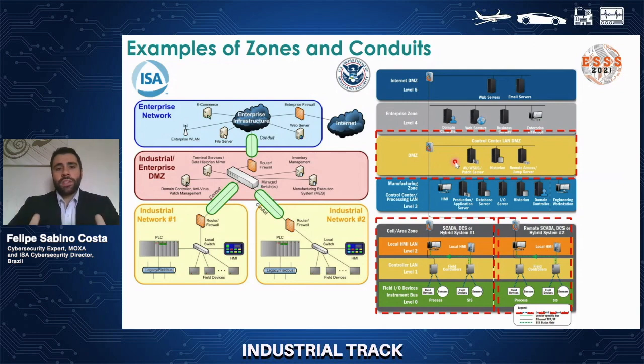So the concept itself, in summary, is that once you understand what risks you have, what products you have, and their importance for the operation and the safety of your system, you need to group these products by the same levels.